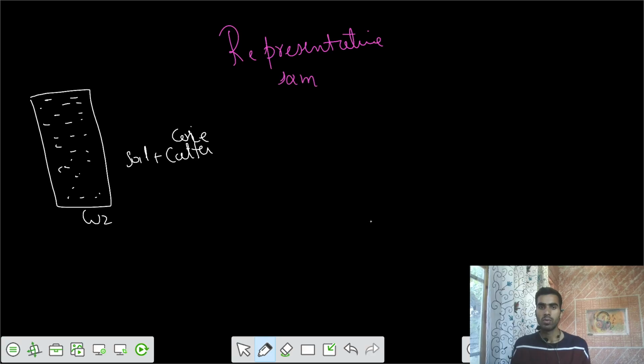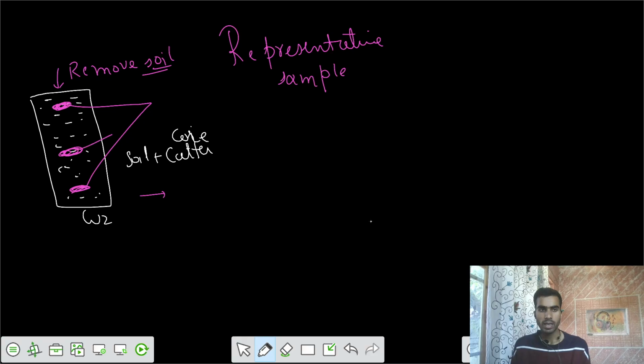Now we are going to take a representative sample. We take the core cutter to the lab and remove the soil from it. We take a bit of soil from here, a bit from the middle, and a bit from the other side also, such that we get a net value of, let's say, 40 grams.